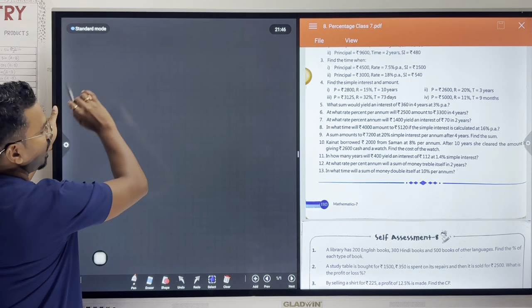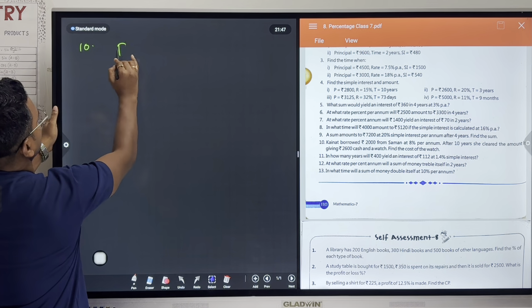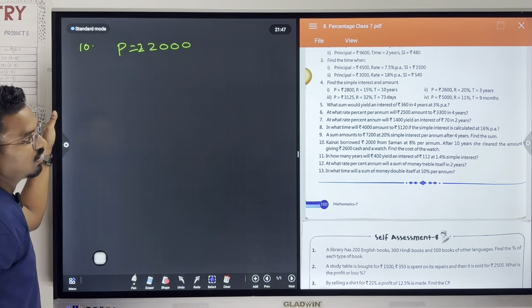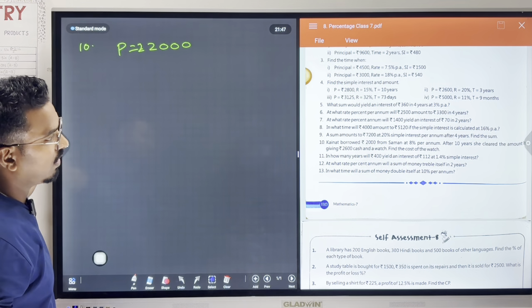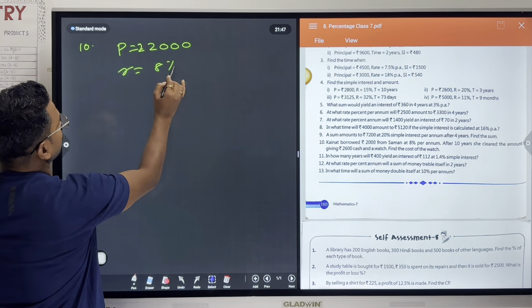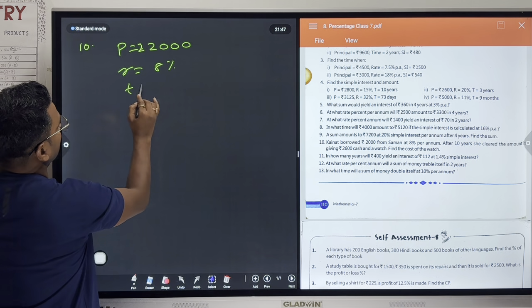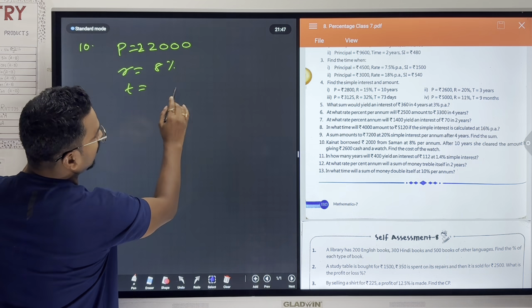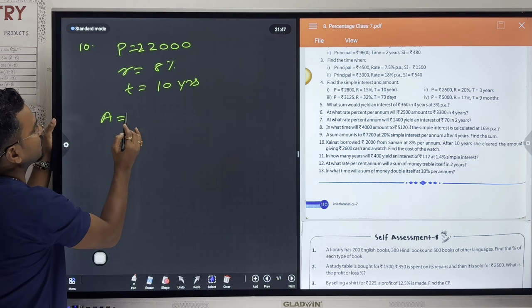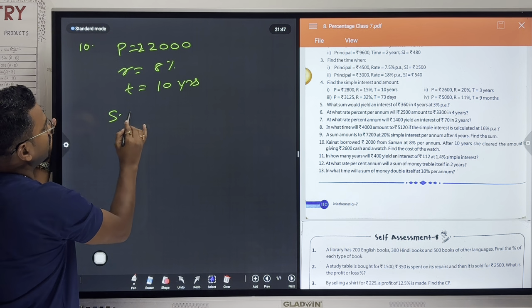Okay, we have to find the amount first. So what is the principal? How much rupees did he take from someone? 2,000 rupees. What is the rate of interest? 8% per annum. For how many years? Time is 10 years. So what will be the amount? First we will find the simple interest.